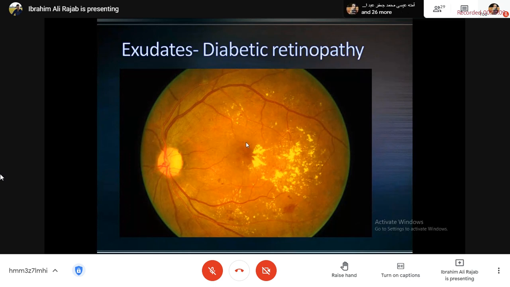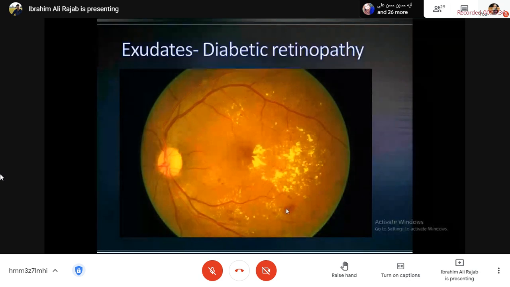And we have 2 types of hemorrhage here. We have inferiorly, as you see, an area of hemorrhage which is called a flame-shaped hemorrhage, meaning hemorrhage like a flame. Why does it look like this? Because the hemorrhage occurs in the layer of the retina called the nerve fiber layer.